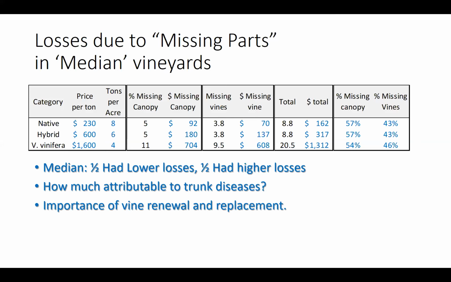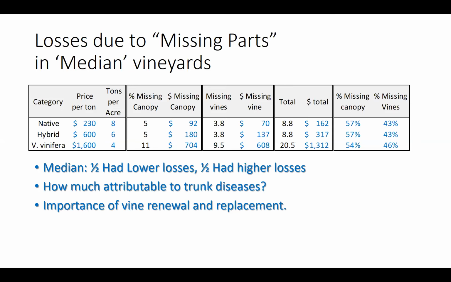Finally, this just puts up the importance of regular vine renewal and replacement. If you have empty spots in your vineyards and you're still putting on the same inputs, you're definitely losing money. And when I look at the Concord losses on the natives of $162 per acre from missing vines and missing canopy, that is either equivalent to the fungicide program that they put on, the 4 sprays, or it might be their actual profit margins.